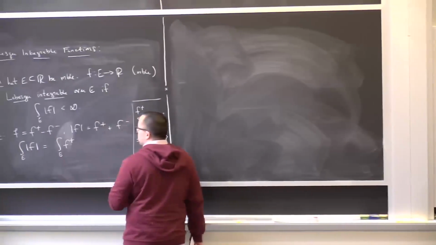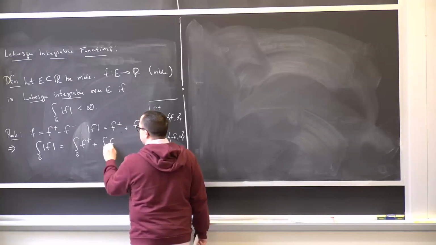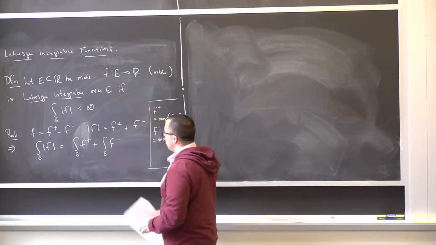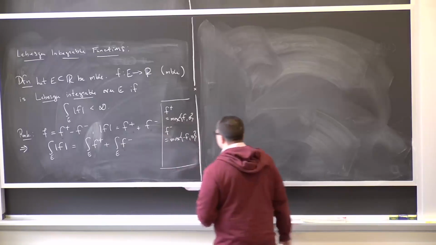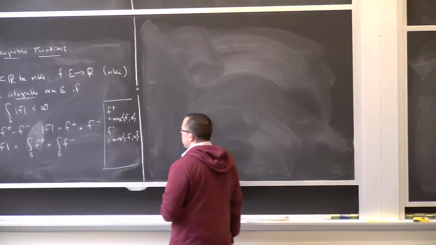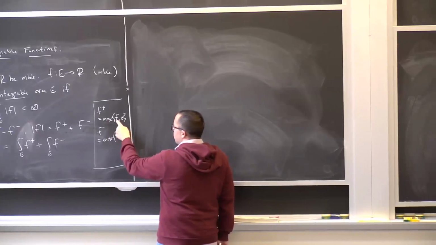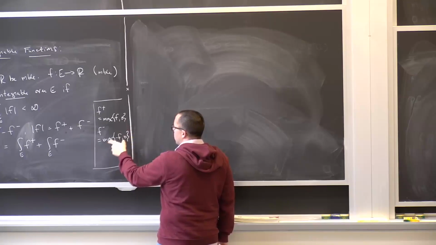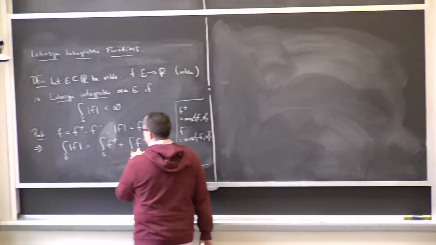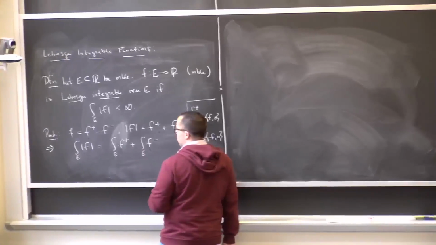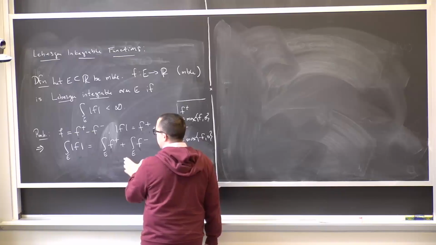So the integral of the absolute value is equal to the integral of f plus plus the integral of f minus. These are both defined because these are both non-negative measurable functions, since each is a max of two things, one of them being 0, so it's always greater than or equal to 0. These integrals exist, so this is finite if and only if both of these two things are finite.